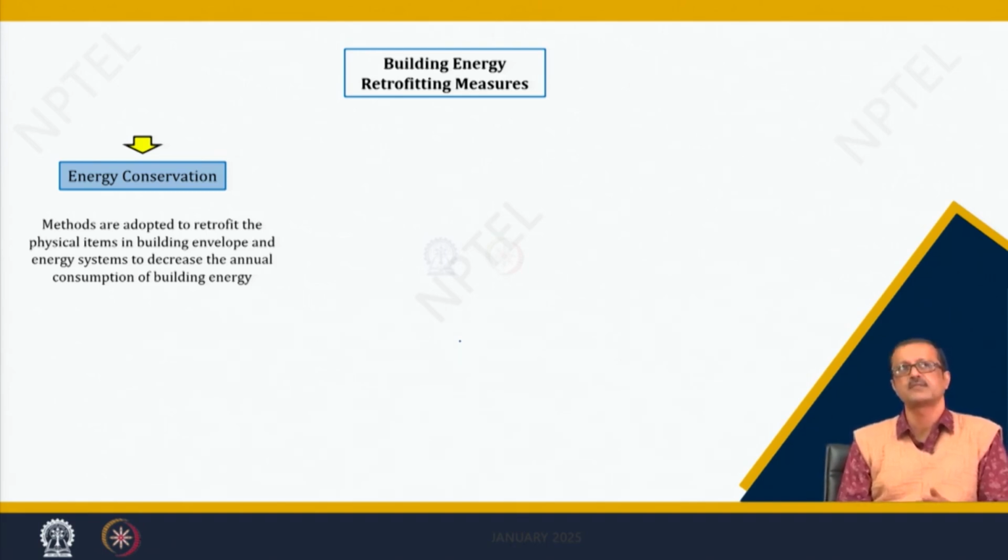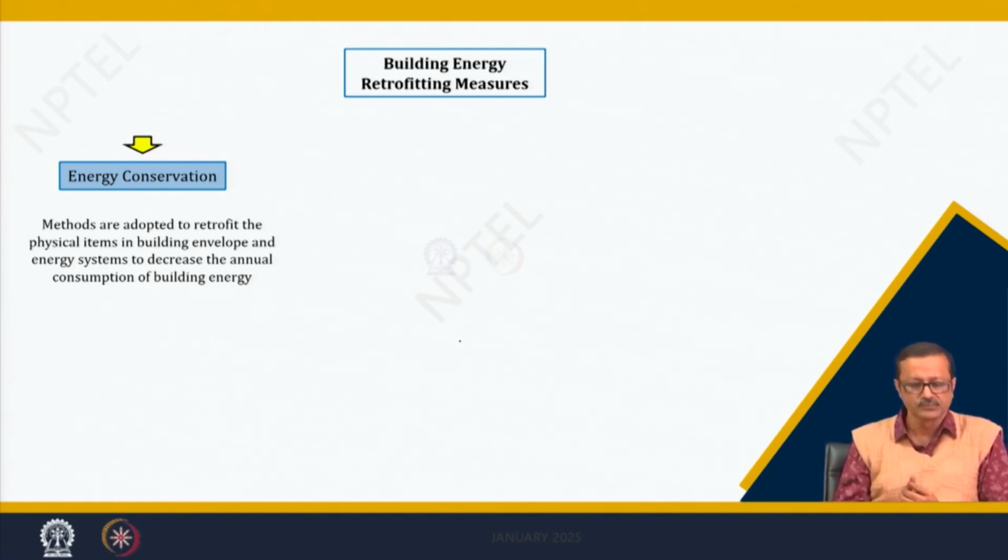The physical items may be the roof, wall, window, door, the envelope area, or some internal areas. I will change them and make small or large rectifications, and that will lead to less energy consumption. So, that is energy conservation, point number 1.